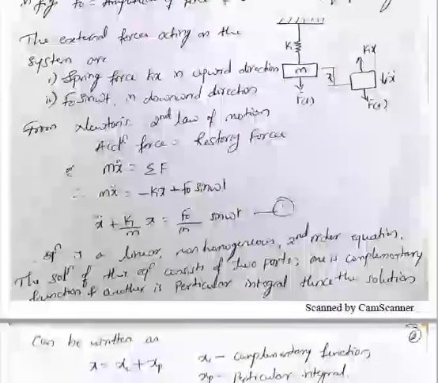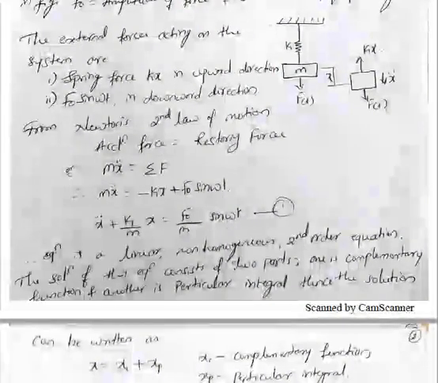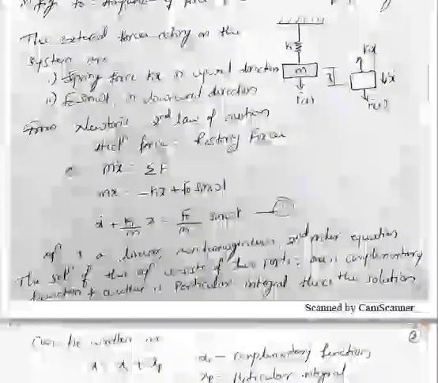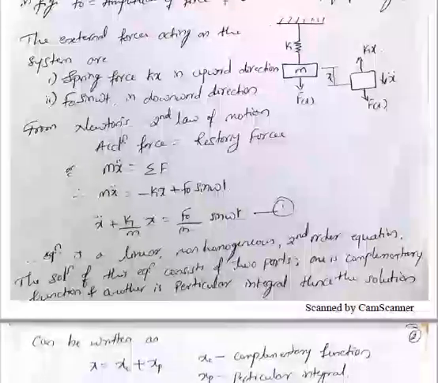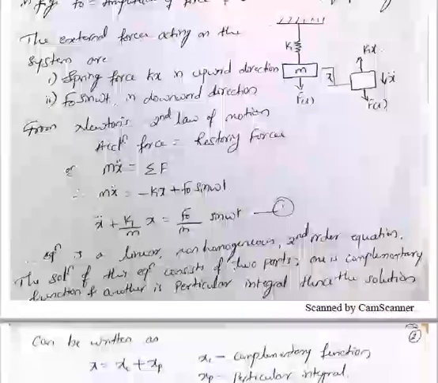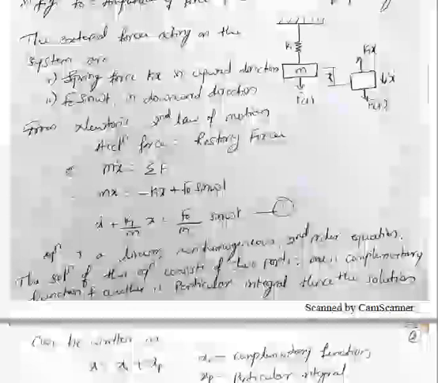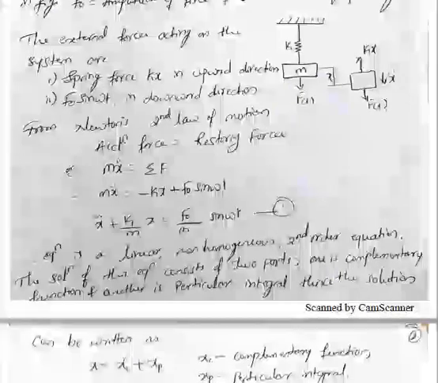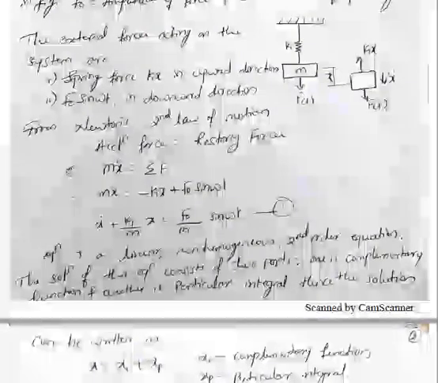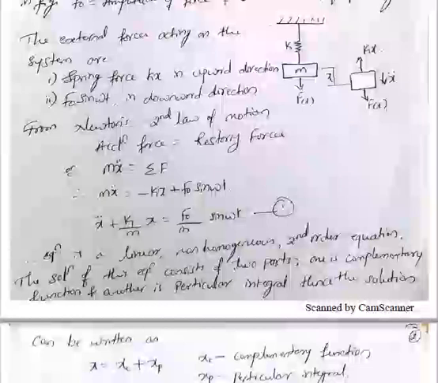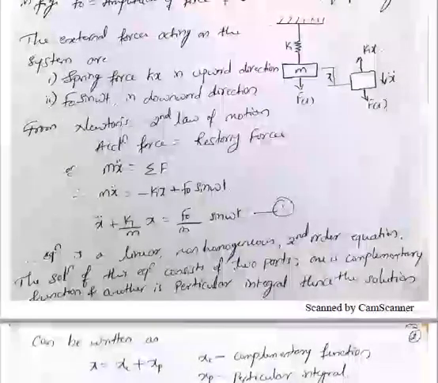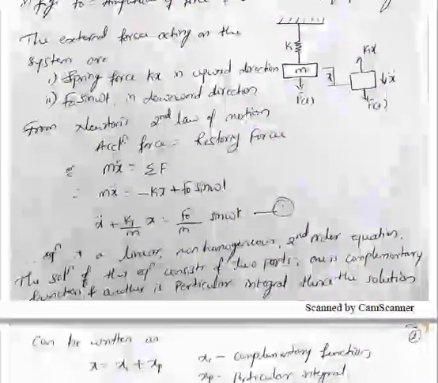It is not like you always have to take upward forces as negative and downward forces as positive. Actually you have to observe the direction of the displacement. In this case the displacement is occurring in the downward direction, and your acceleration force is also acting in the downward direction. So in such cases, you have to take the forces acting in the downward direction as positive and upward direction as negative.